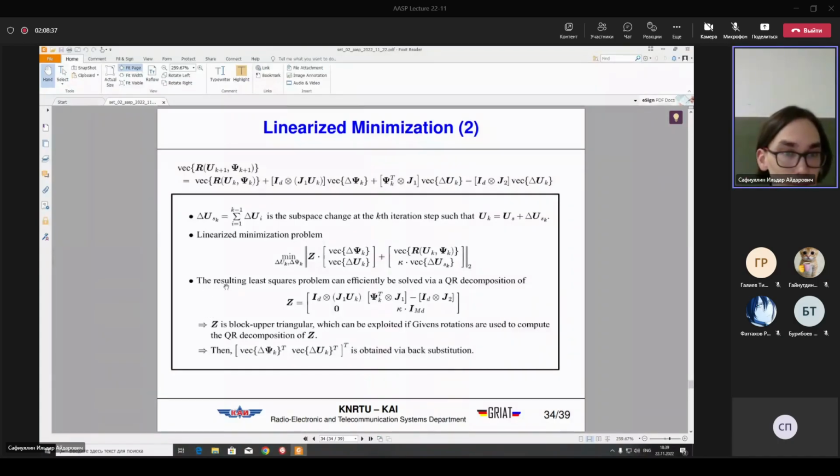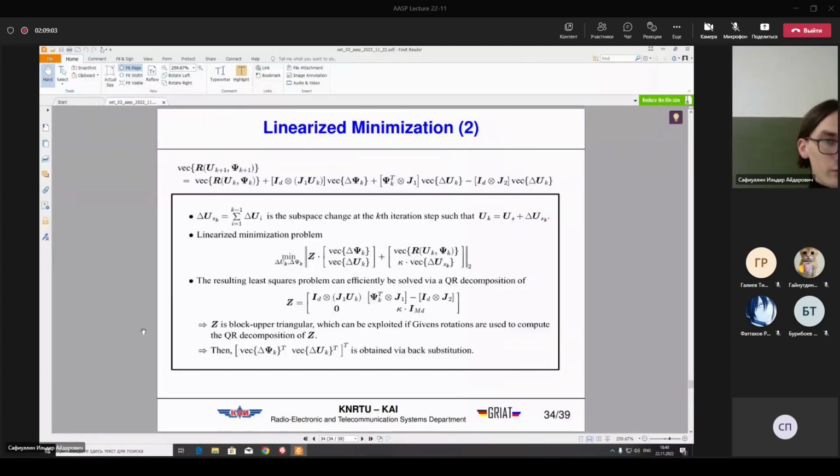And here the resulting least squares problem can efficiently be solved via a QR decomposition, which is this one. So Z is equal to this thing. And in this case, matrix Z is a block upper triangle.